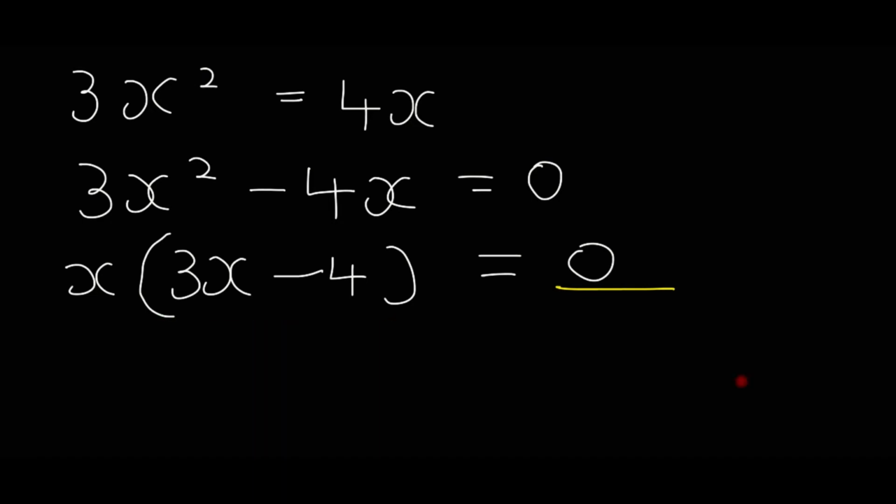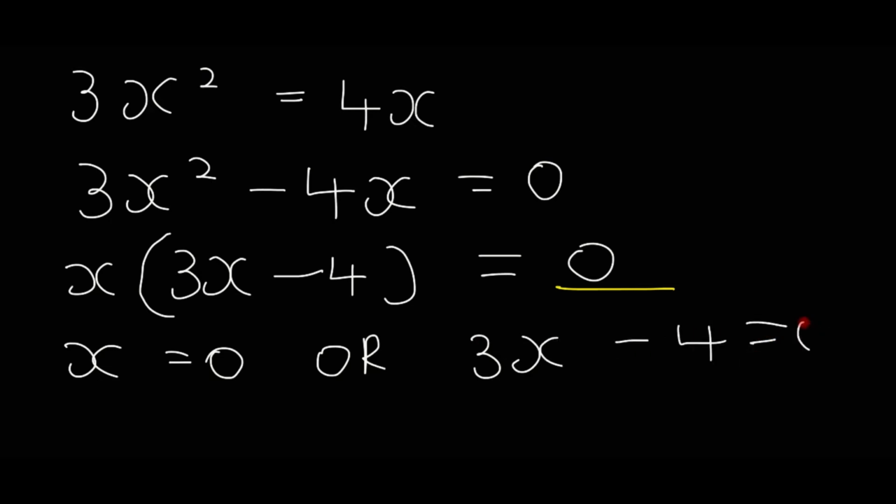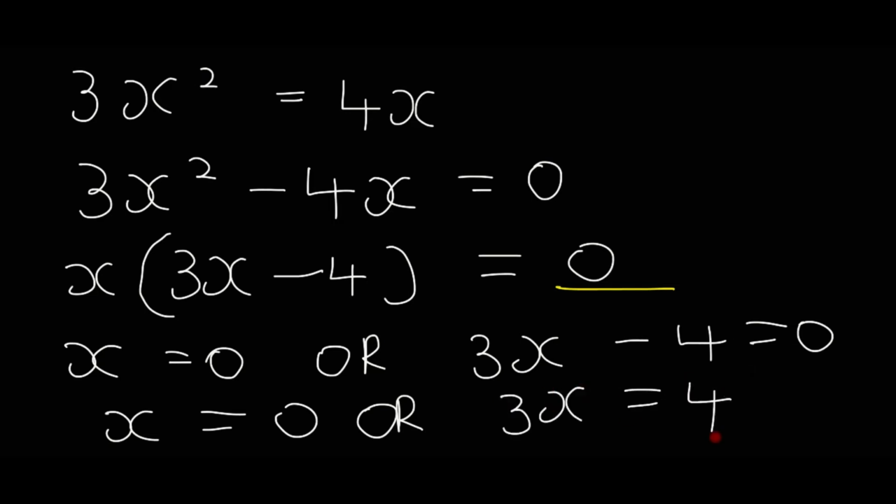So we have x is equal to 0, or 3x minus 4 is equal to 0. So x is equal to 0, or taking this minus 4 to the other side, we get 3x is equal to positive 4, and then from there for this one I will divide both sides by 3 because I want to solve for x.